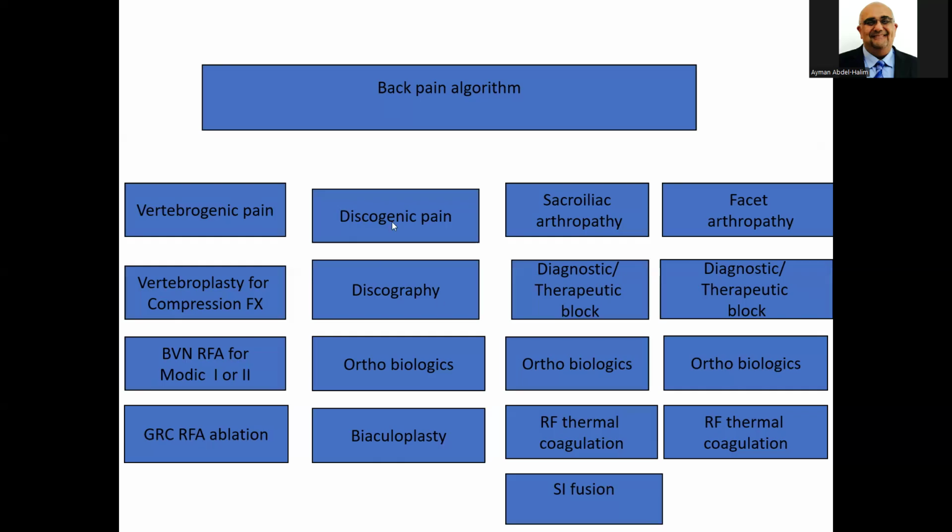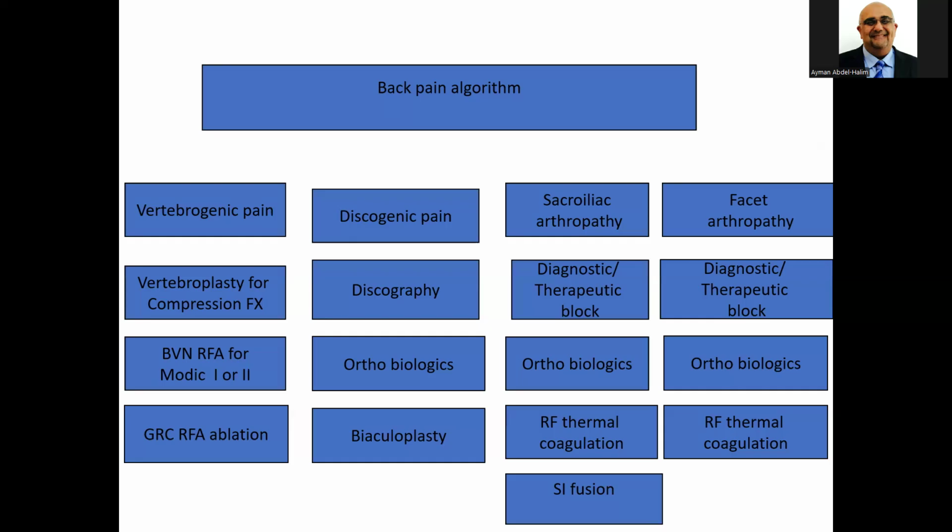As far as discogenic pain, we have to start with a discography. And then we can do what we call orthobiologics, okay? Stuff like stem cell, PRP, and others. And also, we have a pretty decent procedure called biaculoplasty right now that we do for discogenic pain.